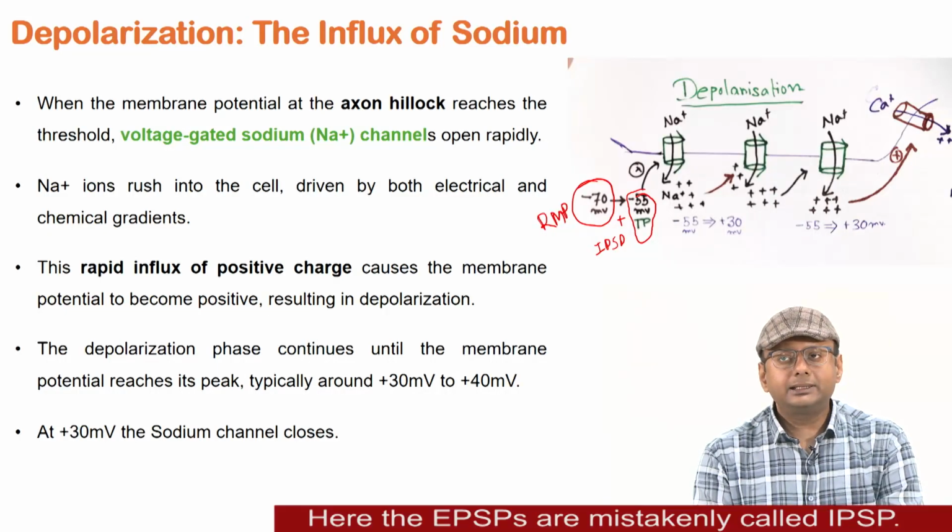And whenever this minus 55 millivolt threshold potential is attained near the cell, you see on the axonal area of the neuron.